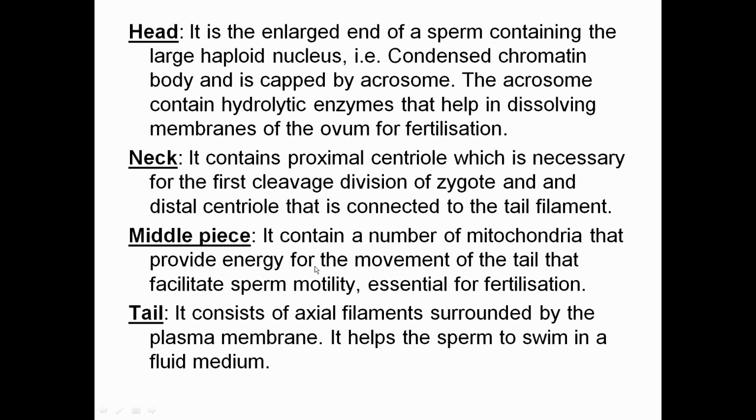And the middle piece contains a lot of mitochondria providing all sorts of energy for the movement of the tail or sperm altogether. The tail consists of axial filament surrounded by the plasma membrane. It helps the sperm to have motility.